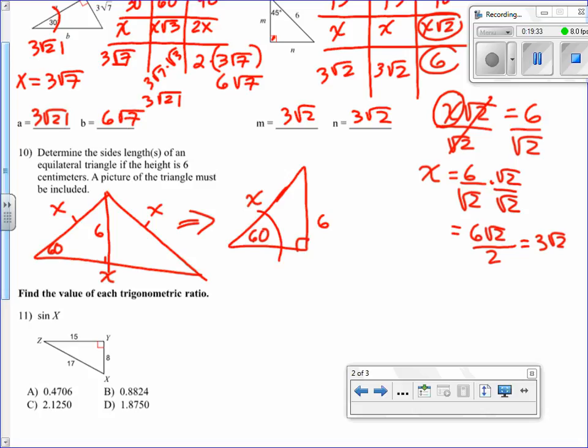So sine of 60 equals opposite over hypotenuse. X is on the bottom, so you're going to divide. X equals 6 divided by sine of 60 degrees.